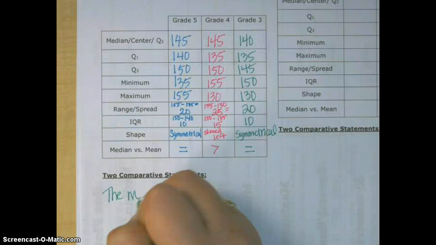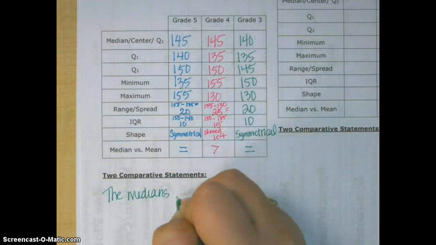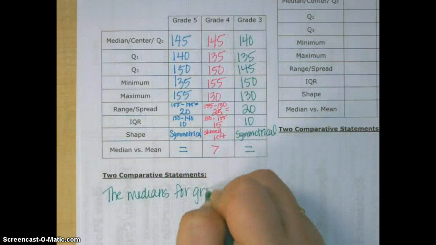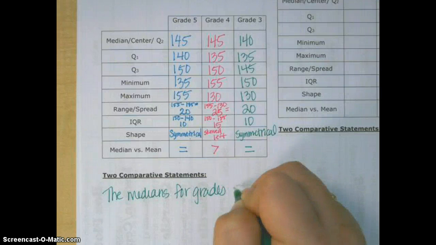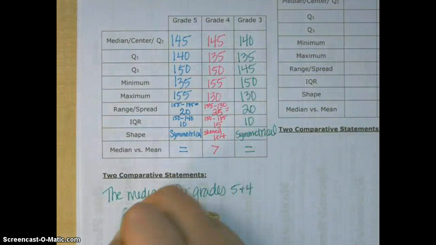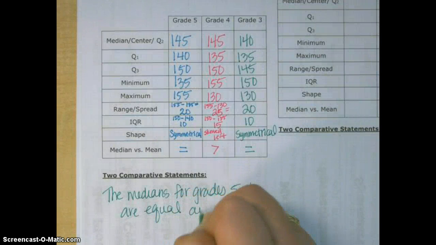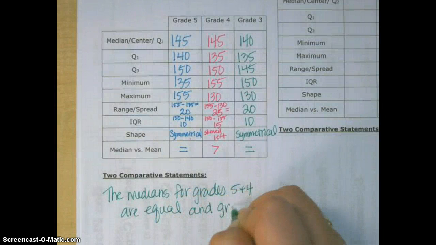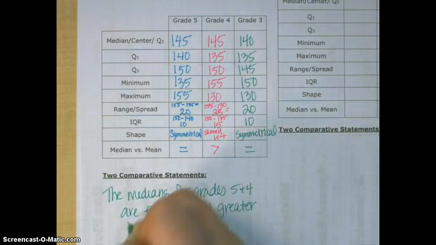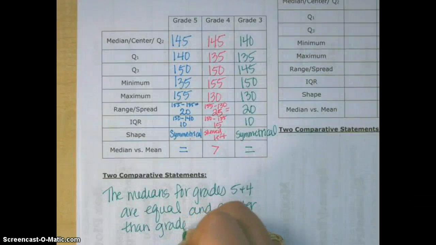The medians for grades 5 and 4 are equal and greater than grade 3's median.